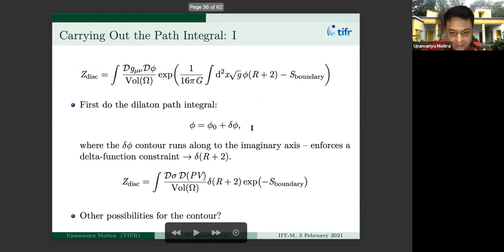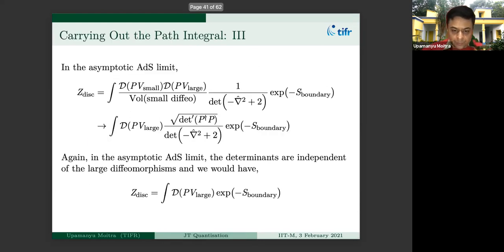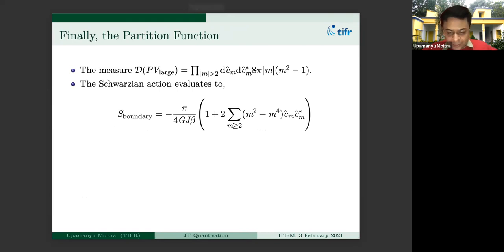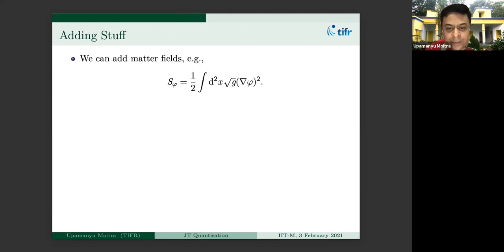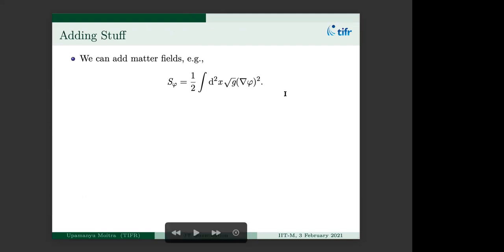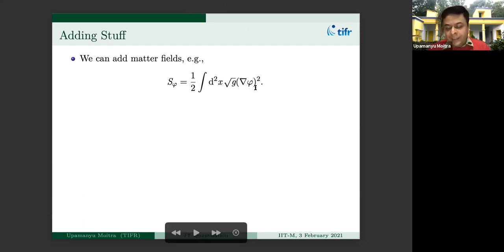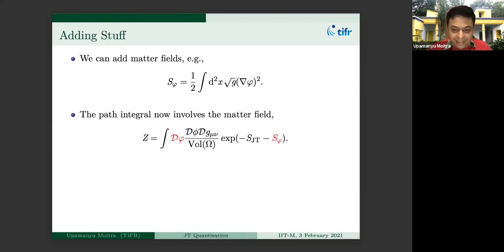So should I proceed? Yes. I'd be happy to answer any question afterwards also. Now we want to add matter fields. Let's say some massless scalar, which is conformally invariant. The path integral now also involves the matter field, with some action.